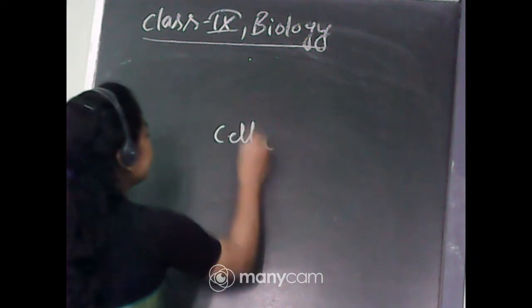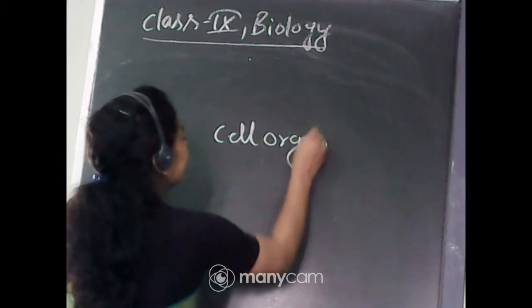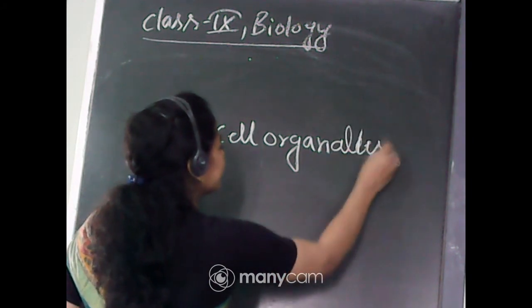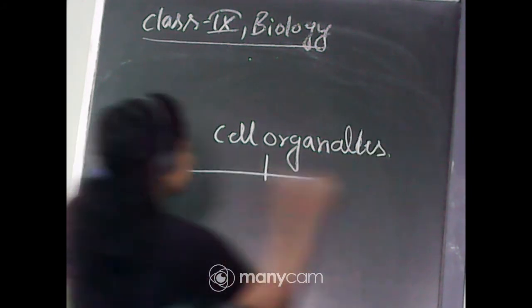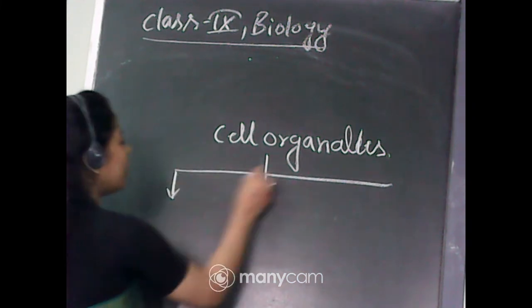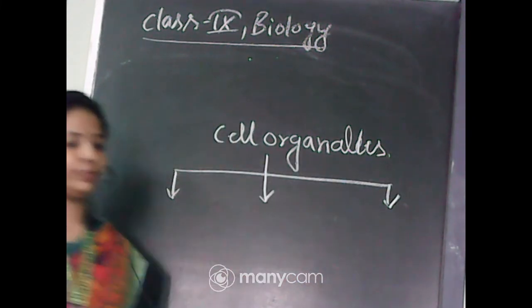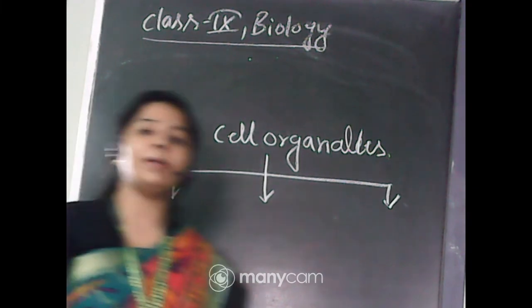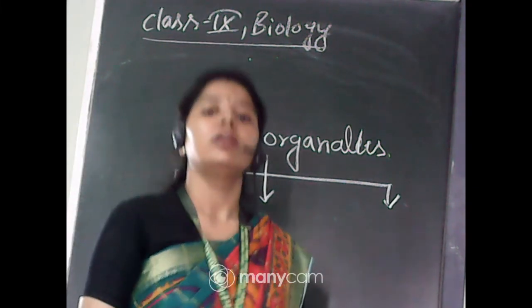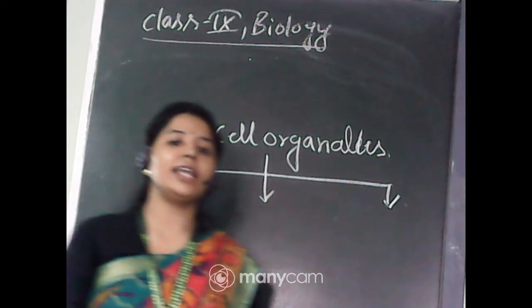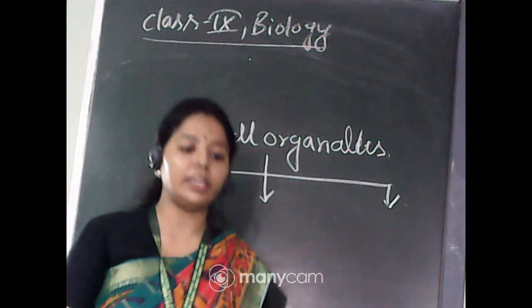Cell organelles can be categorized into three parts on the basis of the number of membranes present in them, whether they have membranes or not. On that basis they can be divided into three parts.